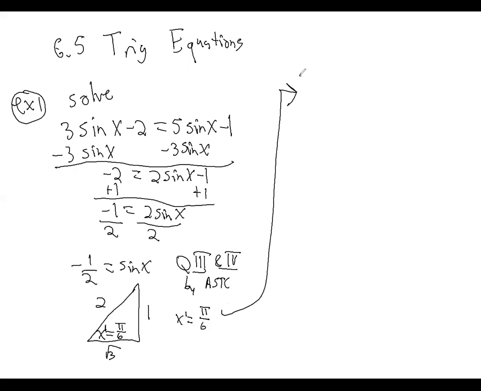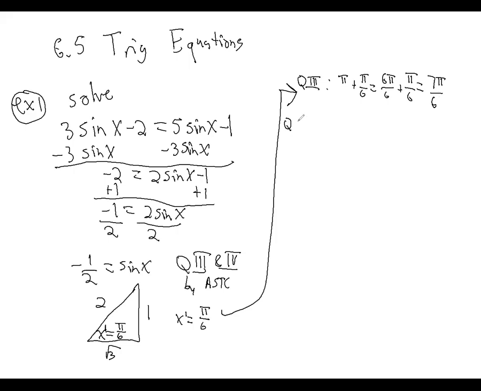So in quadrant 3, that's where we have to do 180 plus the reference angle, 180 being pi. That's pi plus pi over 6, which when you get an LCD is 6 pi over 6 plus pi over 6, which would be 7 pi over 6.